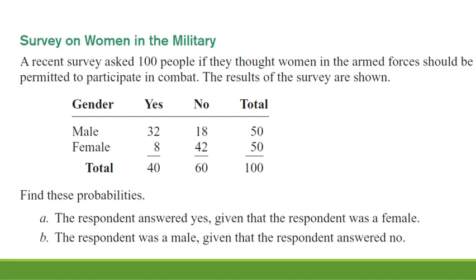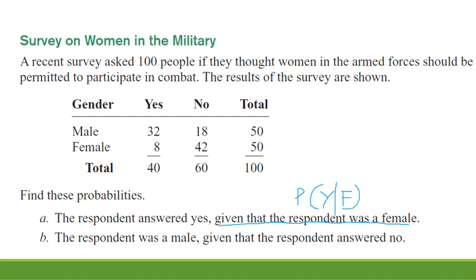In the first event, what is required in the problem is the respondent answered yes, given that the respondent was a female. So take note, the first event here in number 2 is female. So female, that is the first event. The probability of getting the yes, given that the respondent was a female, so this is the second event.